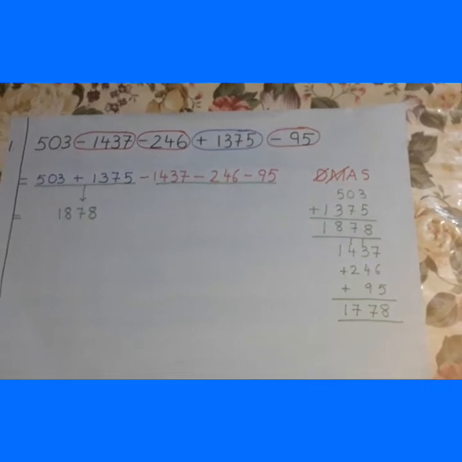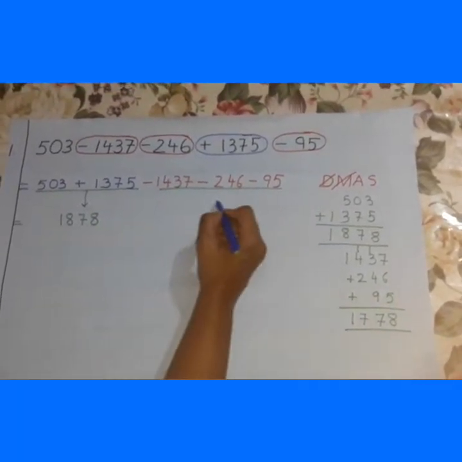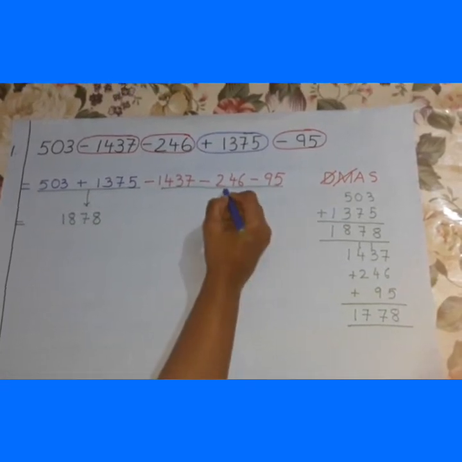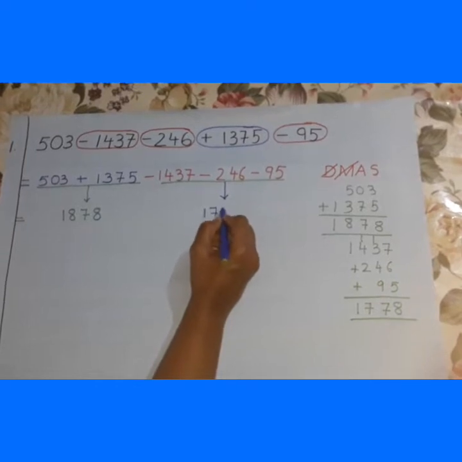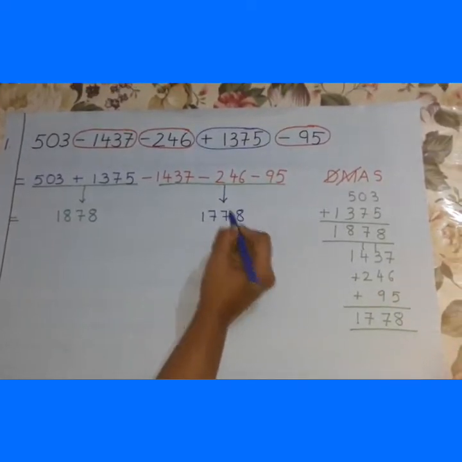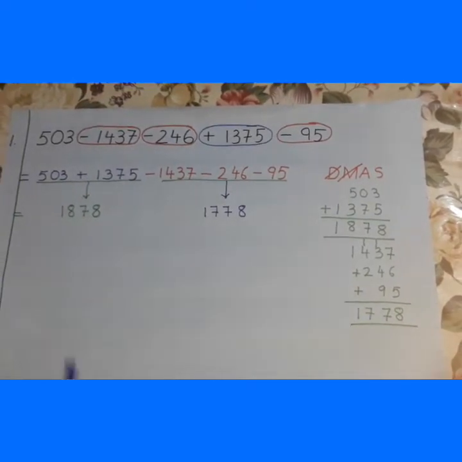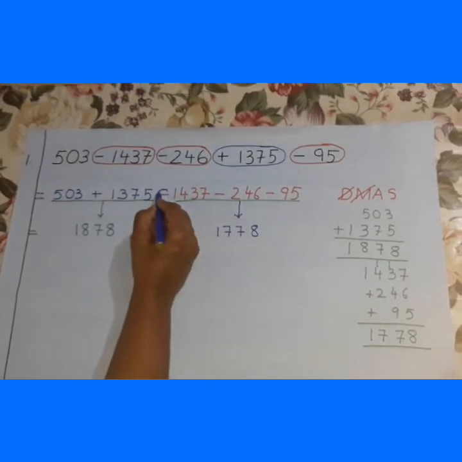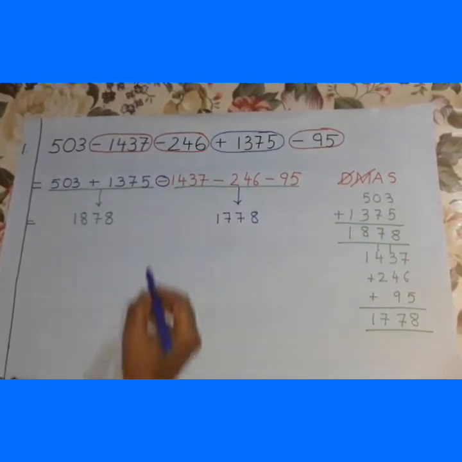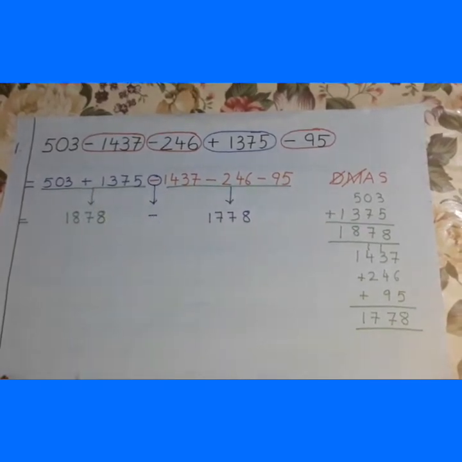And 1. So we got the answer as 1778. But before that, make an arrow. Do not forget. Then write down the answer 1778. Now you must be thinking, what sign should we put here? No confusion at all. What is the sign that you see here? It's minus. That same sign needs to be copied down.